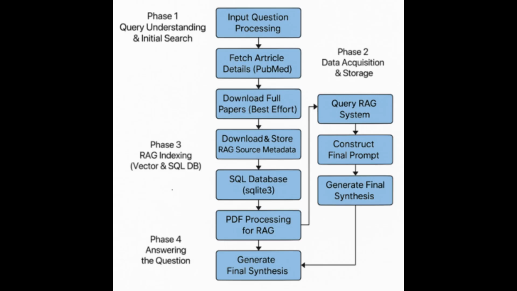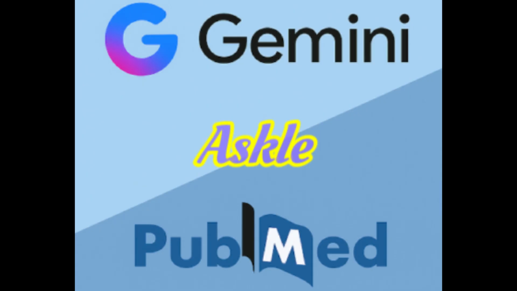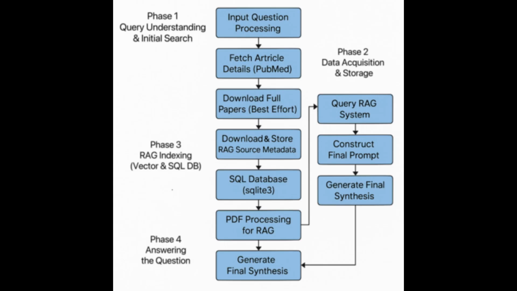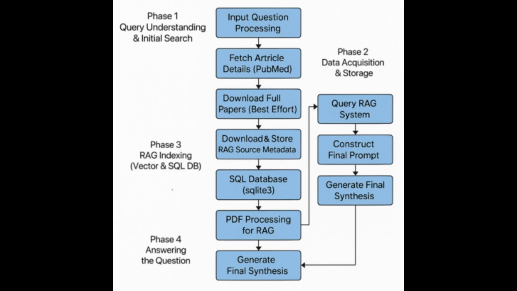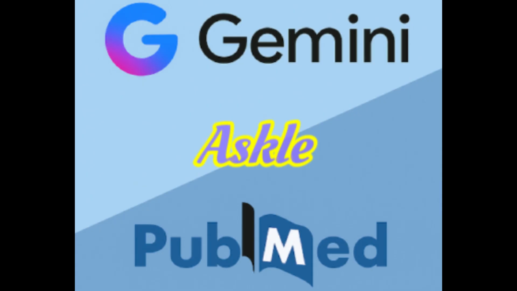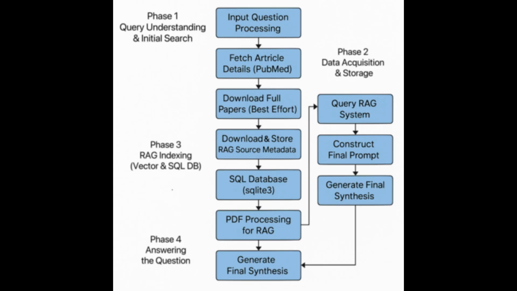It's about making the collected info smart and searchable for the AI. We'll probably dig into that more. We will. And finally, phase four, answer synthesis and referencing, taking everything it's gathered and processed and writing the answer with those all-important references. And that modularity helps a lot, makes it easier to improve or add new features down the line. More developer-friendly, you could say.